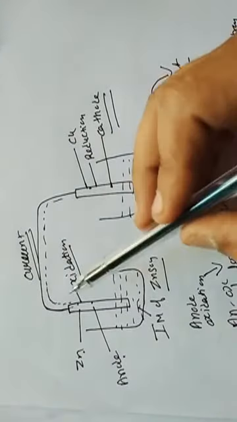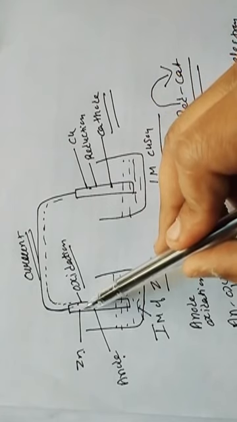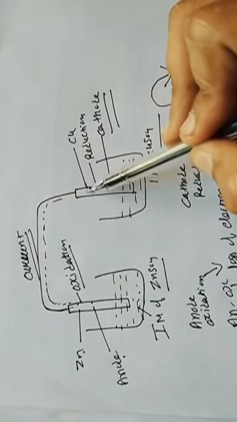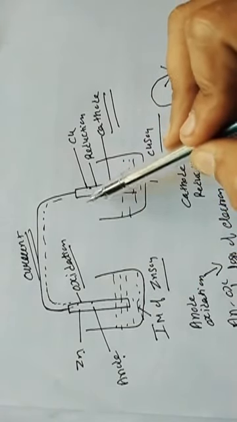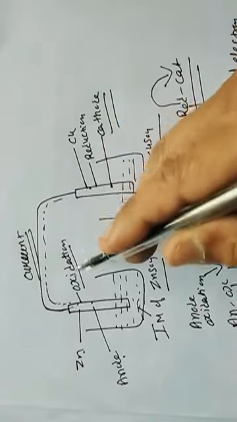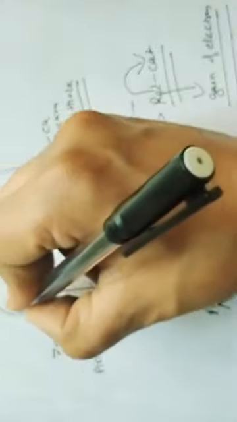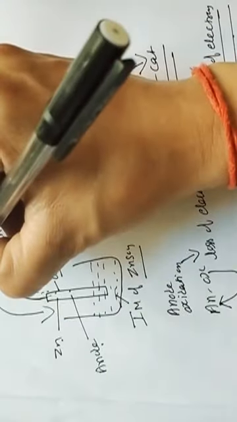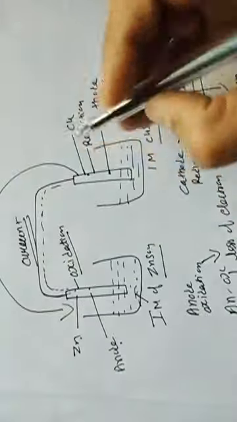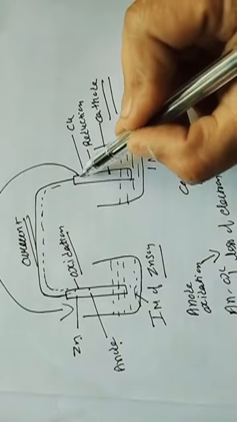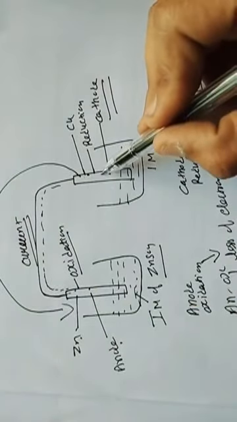So because electrons are moving from the anode to the cathode and the current flows in the opposite direction of the electrons, that's why current will flow from the cathode to the anode. It is the direction of flow of current. The current is flowing from copper to zinc, or cathode to anode.